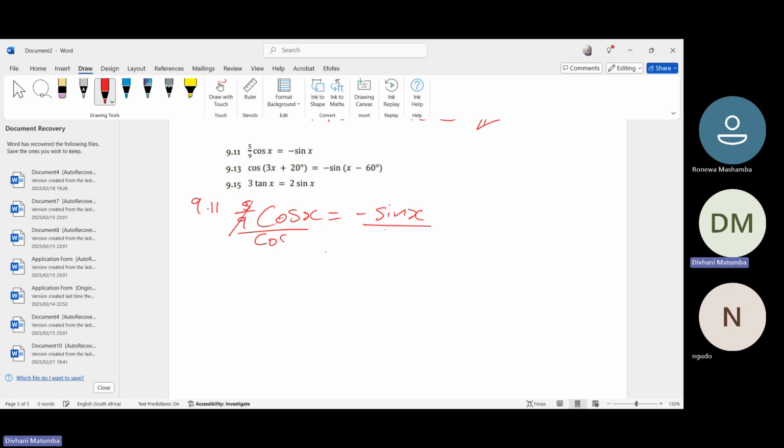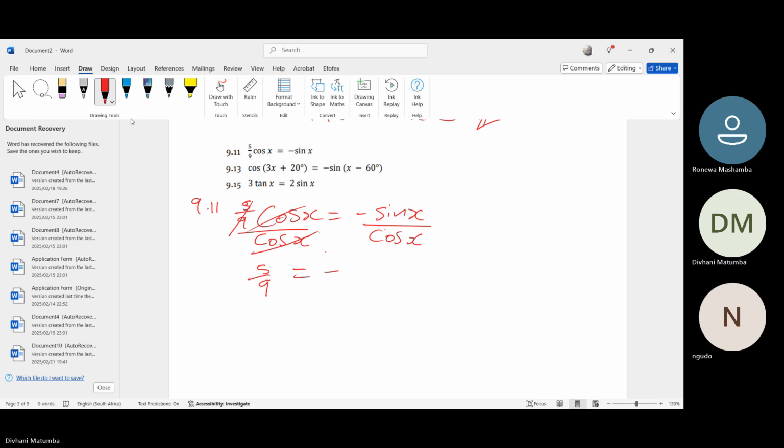If we divide by cos of x on both sides, what are we left with? We are left with 5/9 is equal to minus sine of x divided by cos of x. What is sine of x divided by cos of x? It's tan x.